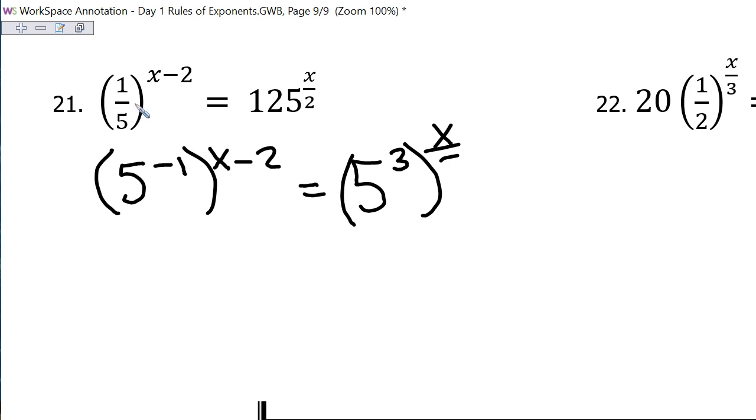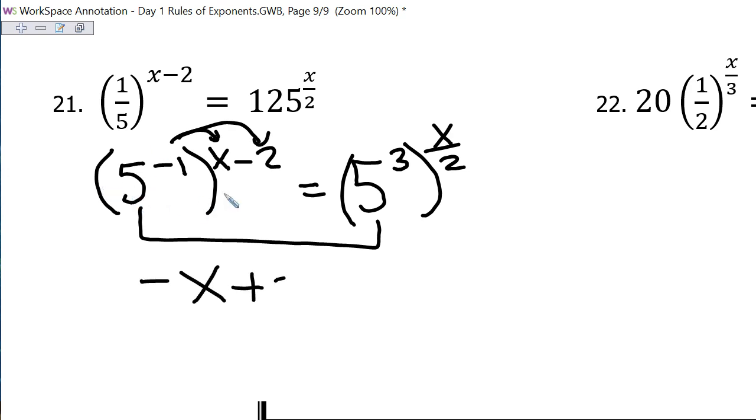And now I'll go ahead and just do my distributing. Because if the bases are the same, what do I know about the exponents? Yeah, they're the same too. So if I distribute this negative 1, what does that give me? Negative x plus 2. And when I multiply these, this is actually 3 over 1. So what does that give me? 3x over 2.